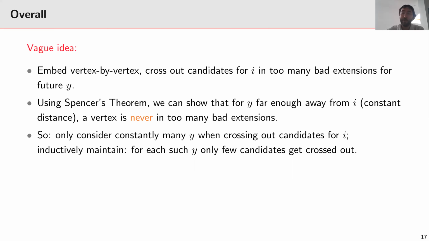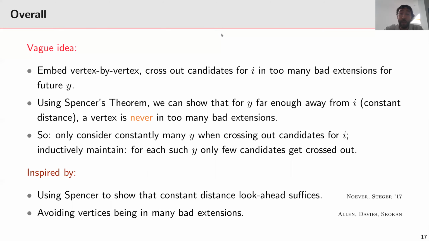Maybe let me, in the last 1 minute, say, something you could ask is, okay, can this strategy be made to work for hypergraphs? Oh, before I say this, I should say, of course, this strategy does not come out of nowhere. 3 years ago, Andreas Nerva and Angelika Steger produced a very nice paper which uses, in a related way, this theorem of Spencer to argue that we only need to do constant distance look ahead.